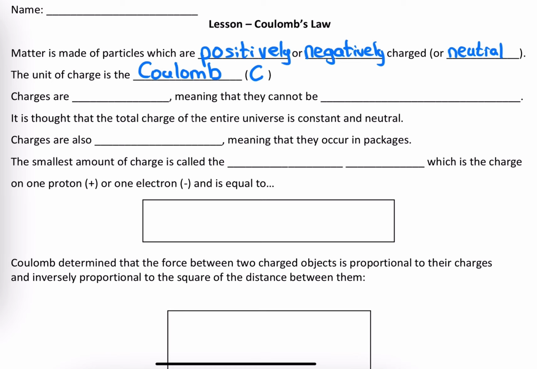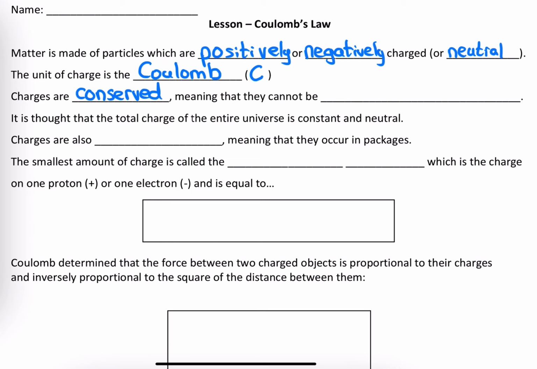Another thing we should note about charges is that they are conserved. There are a few things in our universe that seem to be conserved. Mass seems to be conserved. In a chemistry course you've taken, you've probably talked about conservation of mass, especially in the context of balancing chemical equations.